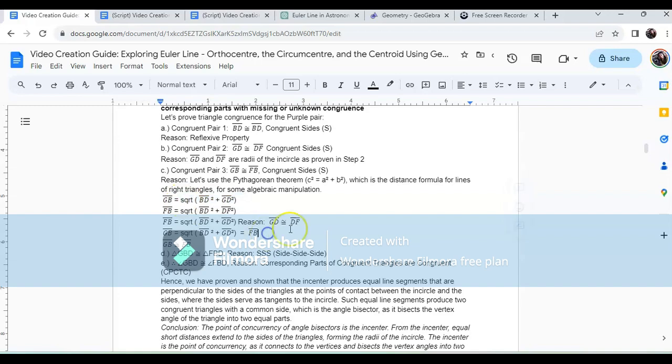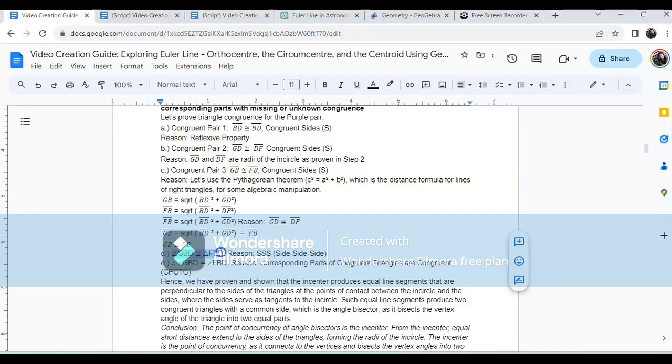So, considering the transitive property of equality, we can say that side GB is equal to side FB. Now we have proven congruency of 3 pairs of corresponding sides.